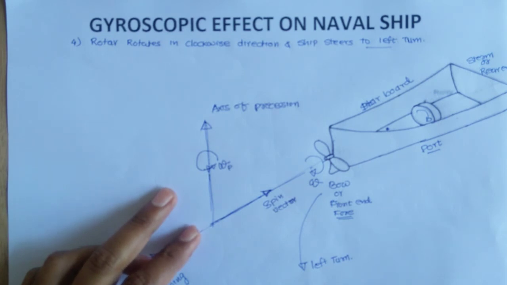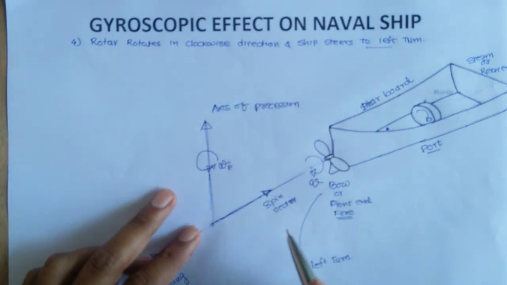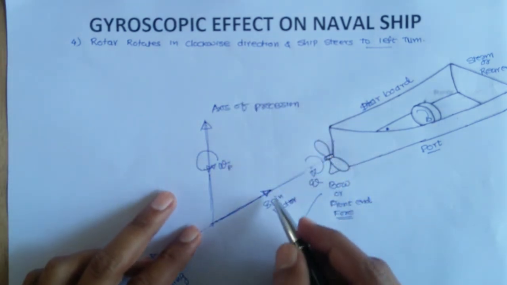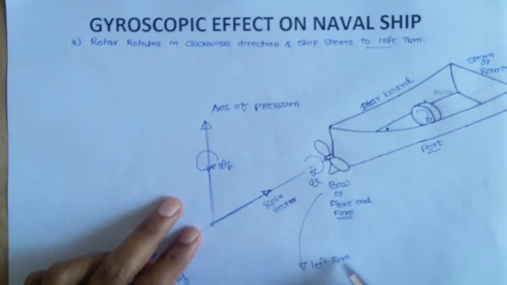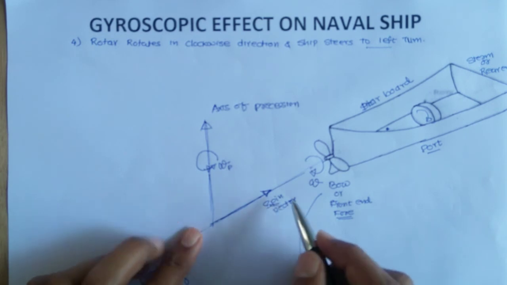Our ship is taking a left turn, so that's why we have to rotate the spin vector through 90 degrees.